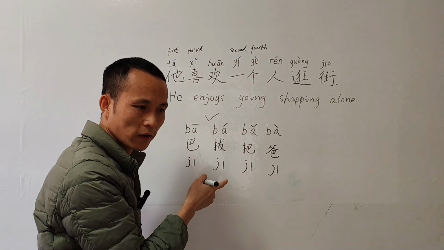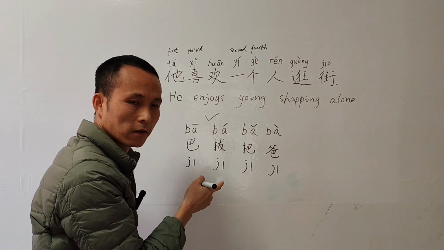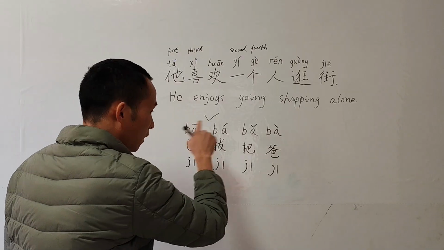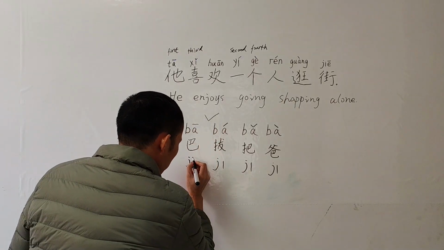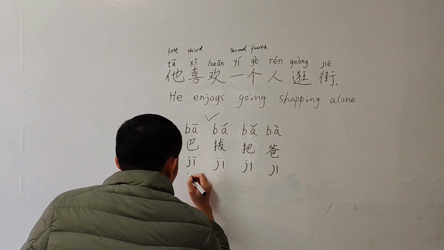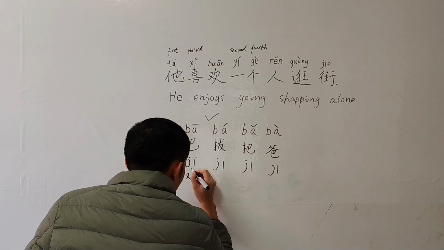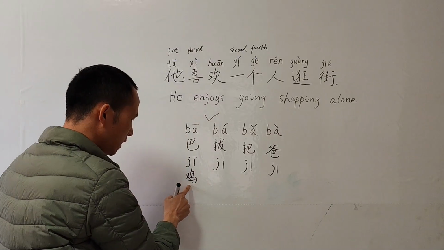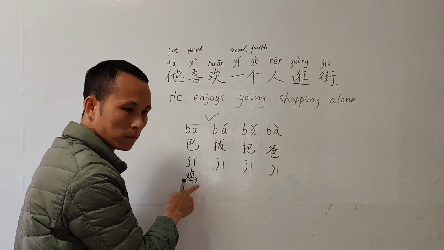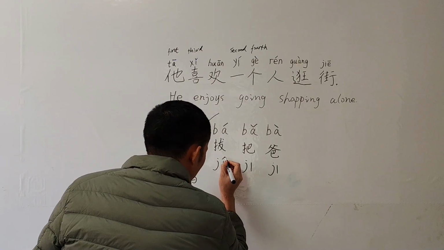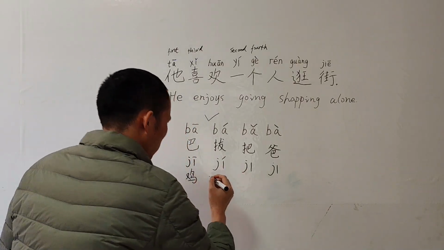Pinyin is similar to English phonetics. So the first one is a high flat tone, right? G, G. I give you one Chinese character as an example. G, chicken, which means chicken. And the second tone is a rising tone.